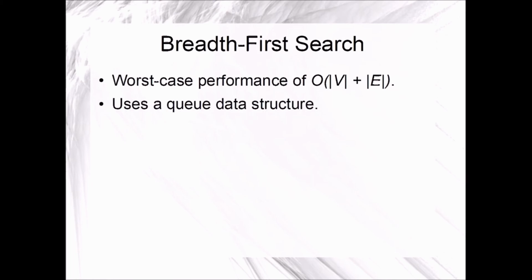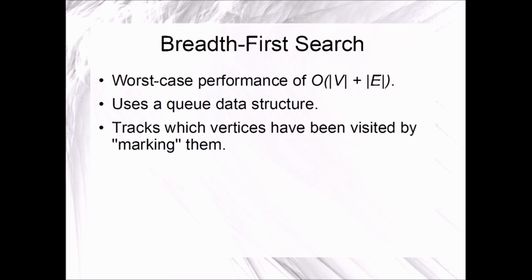The breadth first search uses a queue data structure to store vertices as opposed to the stack data structure used by depth first search. The queue data structure is what supports this behavior of exploring all adjacent vertices before moving on to the next level neighbors. Breadth first search will track which vertices have been visited by marking them.